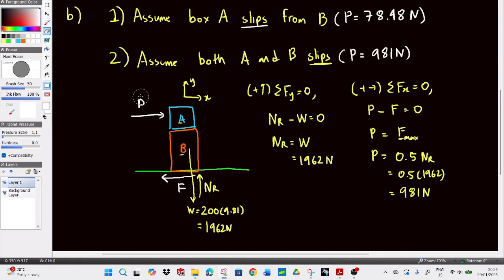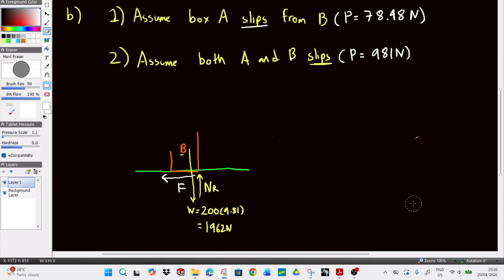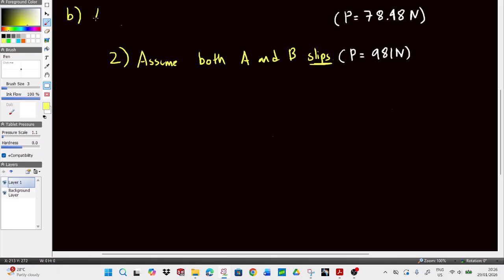Now going to assumption number 3. Okay, so I'm going to have to write this a little short here because of space issues. But okay, so I'm going to write it like this. So assumption 1, I want you guys to remember that for assumption 1, our P was equal to 78.48 newtons.